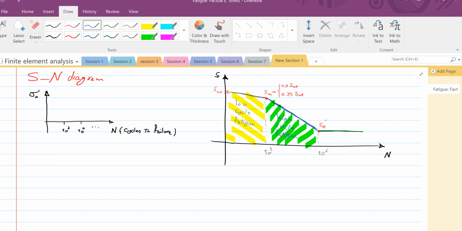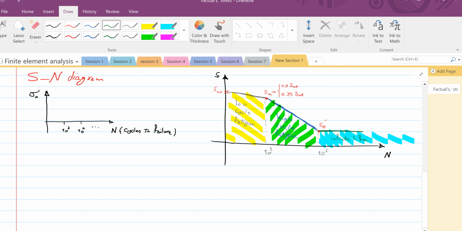And finally, we have this area, which we call the infinite life area.